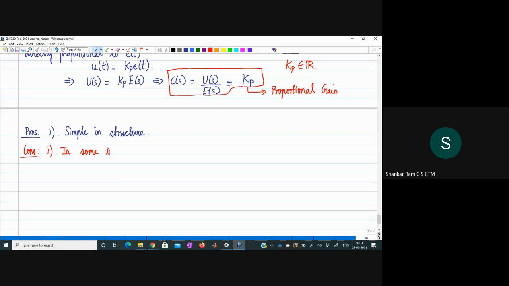In some instances, proportional control can lead to a non-zero steady state error.